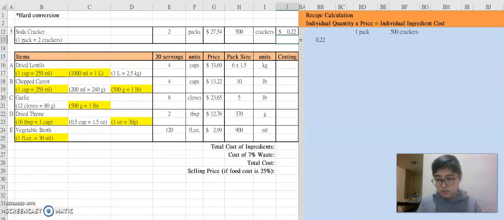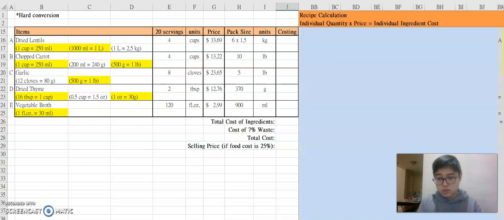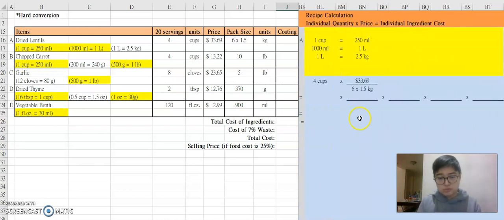That's the practice. Now have another one. Same, 4 cups. 1 cup is equal to 250 milliliters. 1000 milliliters is 1 liter. 1 liter is equal to 2.5 kilograms. And the original one, 6 times 1.5 kilograms.